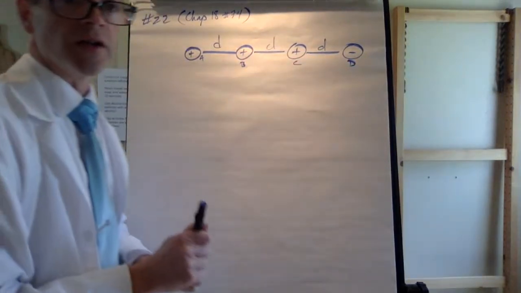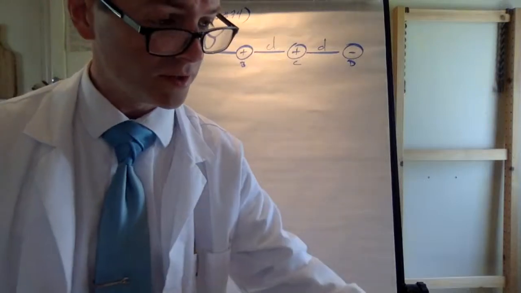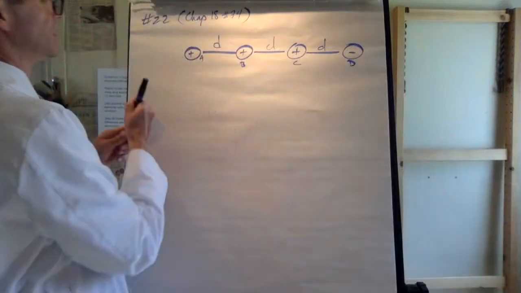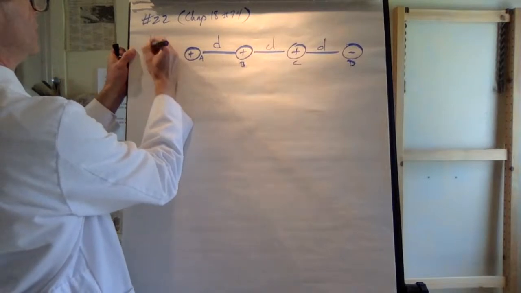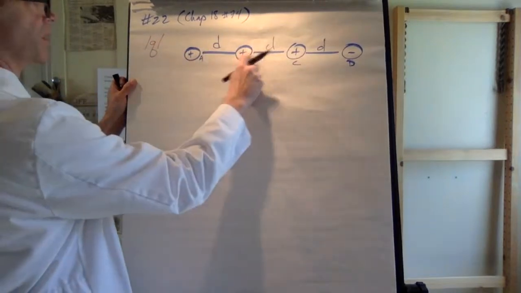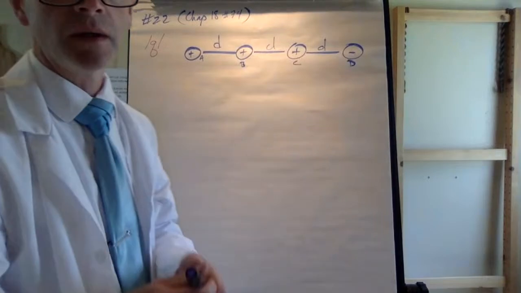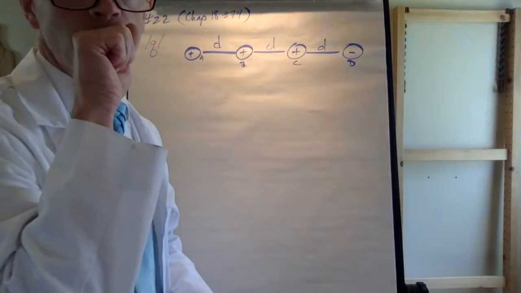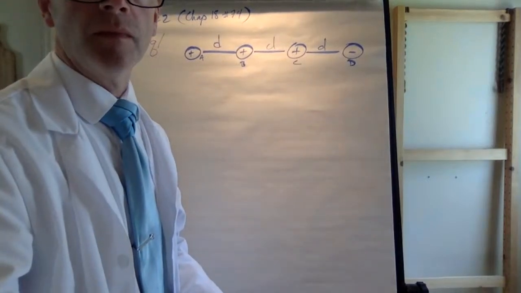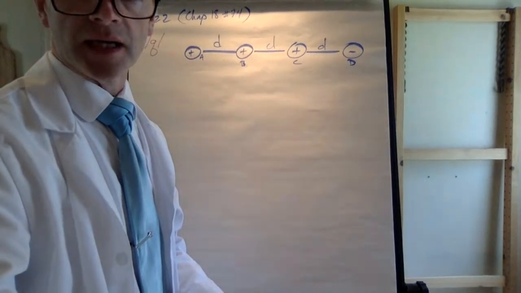They all have equal magnitudes, so they all have Q: plus Q, plus Q, plus Q, minus Q.